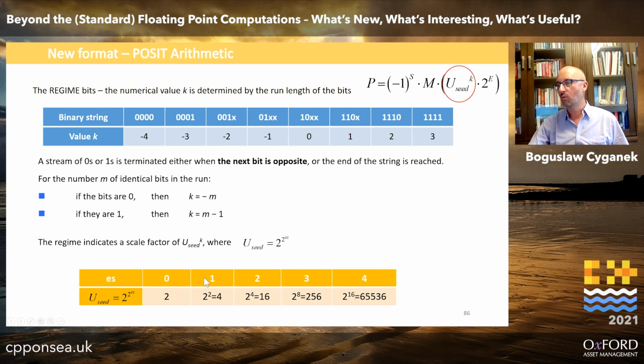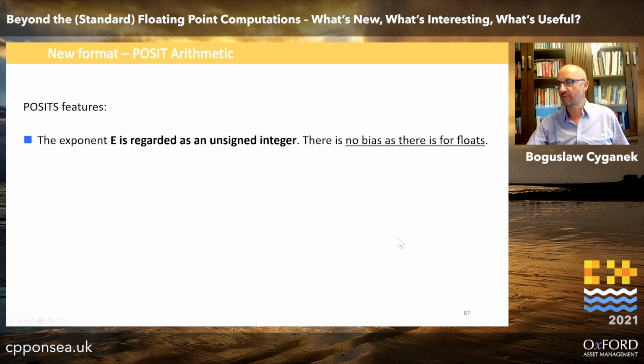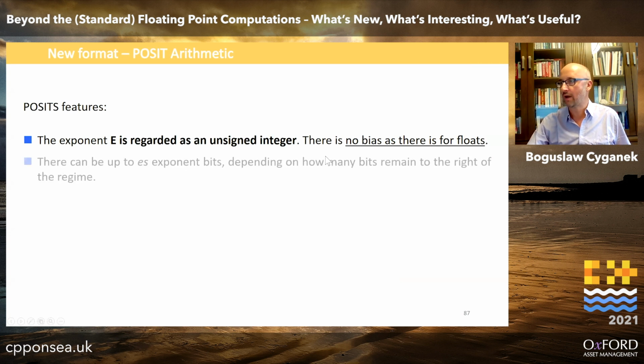Then we have 2, 4, 16, 256. So USEED can be even such a big value for only 4 exponent bits. So it scales with the number of exponent bits from 0 to some dynamically growing value. Exponent is regarded as a signed integer, non-biased.